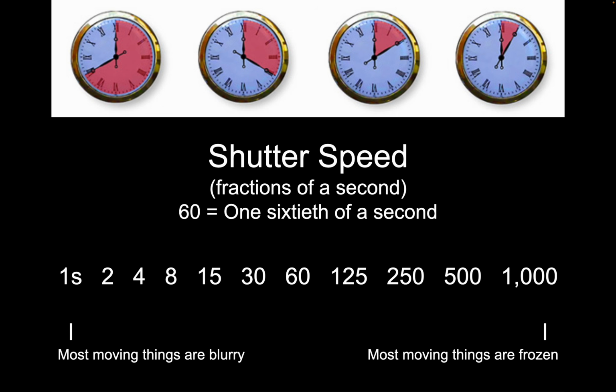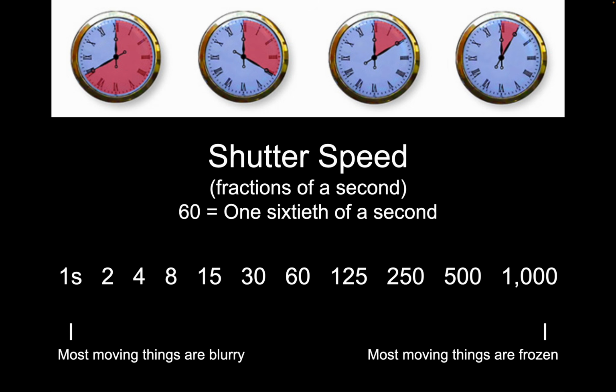Then we move on to shutter speed. So I think this one's fairly easy to understand, although I should say these are meant to be fractions of a second. So you commonly would think of it as being 1 second, half a second, being a 2 inside the camera, a 4 being a quarter second, eighth of a second, 15th, 30th, 60th, 125th, 250th.